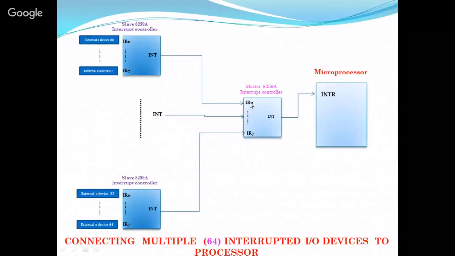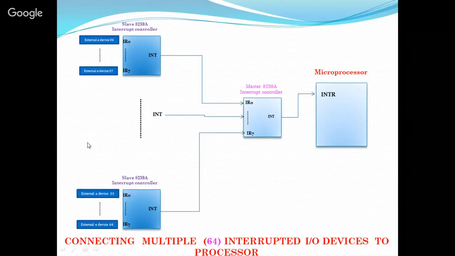These are the IR levels, IR0 to IR7, and each level is connected with a slave 8259 PIC. The INT input of each slave is connected with IR0, IR1, IR2, IR3 up to IR7. So it will handle external interrupting devices up to 64 levels.